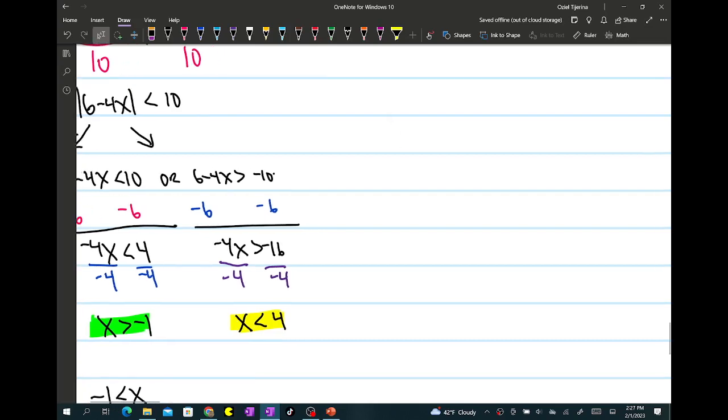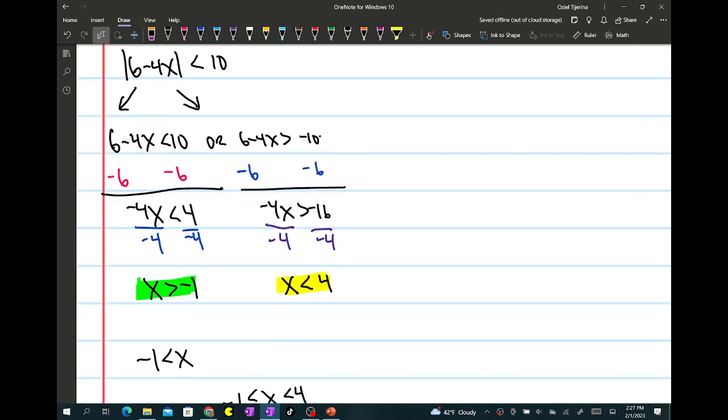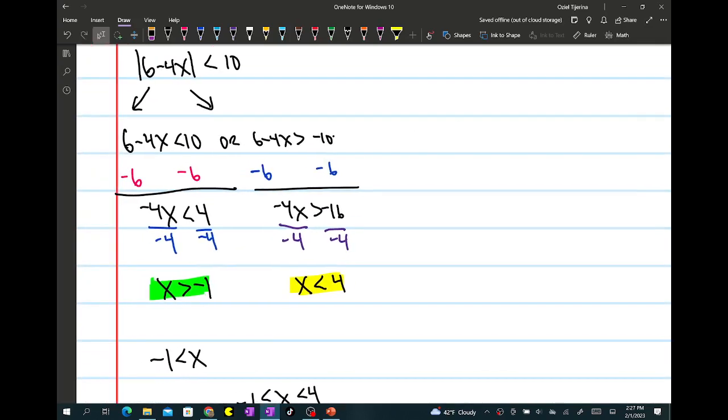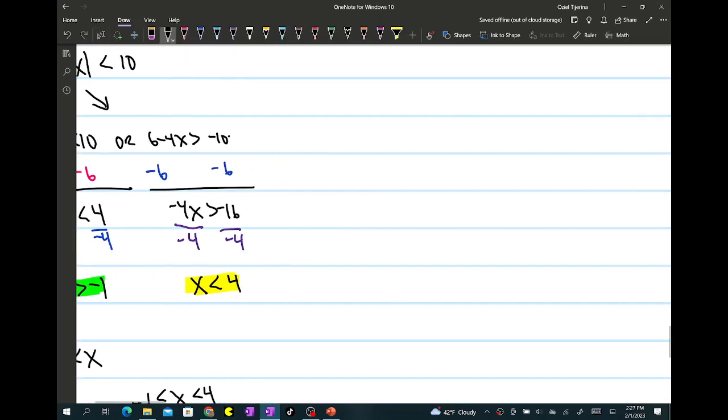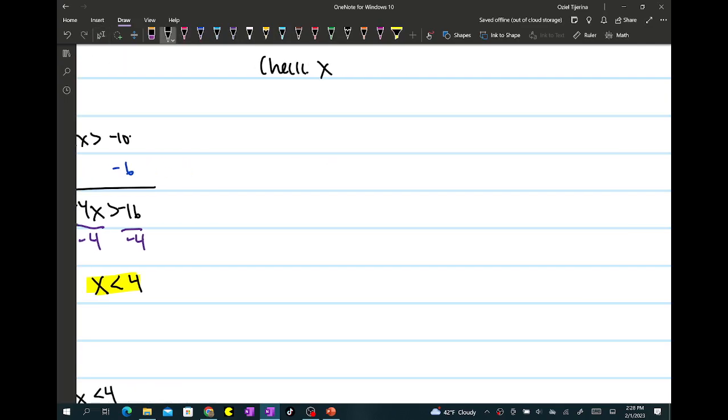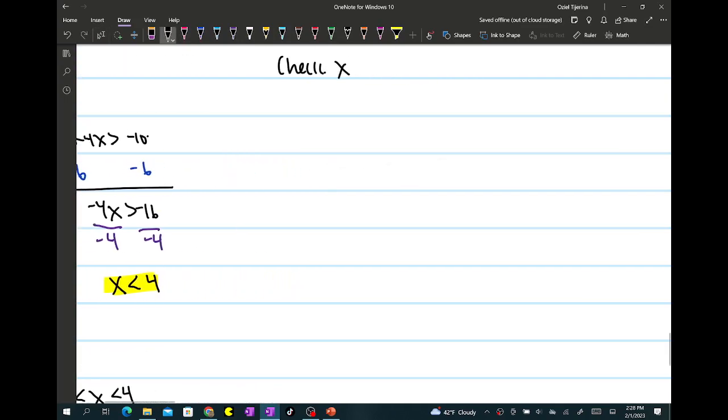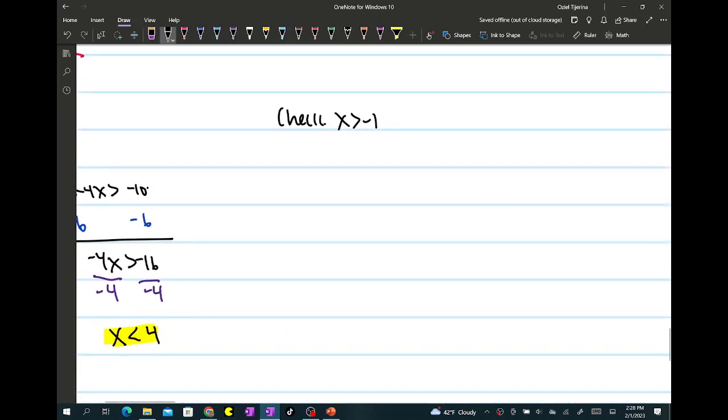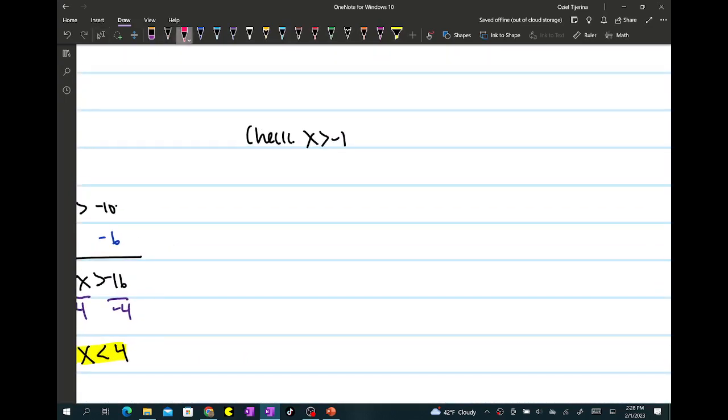So I'm going to go ahead and check these two. First I'm going to check x is greater than negative 1. So I'm going to pick a number that is greater than negative 1. I'll say x equals 0, right?